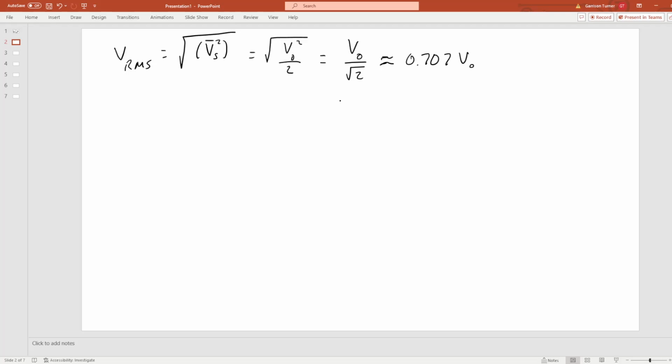So what this means is this represents the constant value used to evaluate properties of AC circuits.